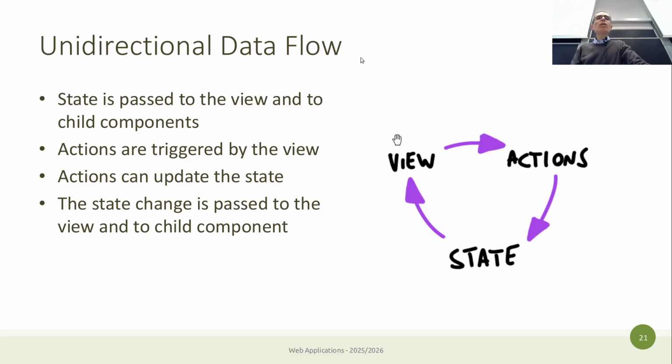So we can say, in short, that React works with this unidirectional data flow. State or some values are passed to the view and to the children components. Something is rendered, some events happen, so some actions are triggered inside the view, typically by the user. Actions change something, typically the state, and this state is passed as props to other components, and these components are re-rendered by React by updating the virtual DOM, computing the difference, and then applying it to the actual DOM.